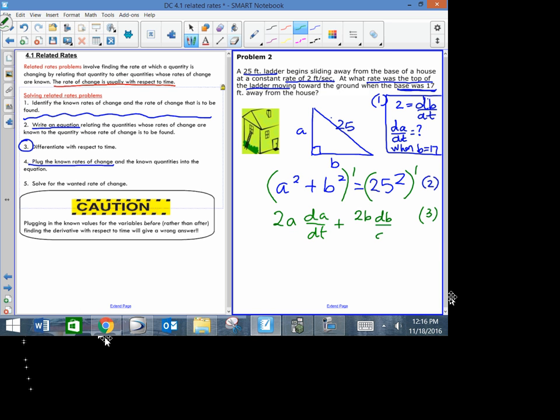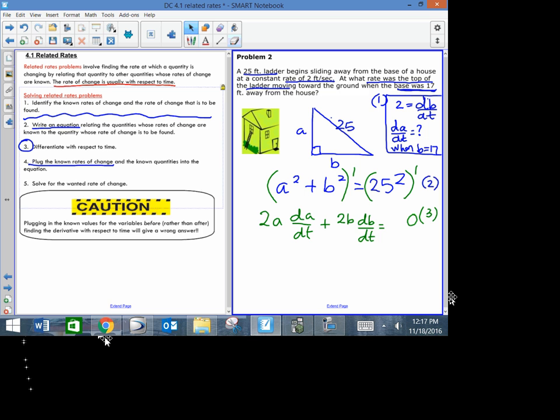Good job. And the derivative of 25 squared, Christine? 0. You wouldn't believe how many people do 2 times 25. And then it's like, wait, that's a constant. Doesn't matter if it's squared or not. Okay, so that's your step 3 to differentiate.